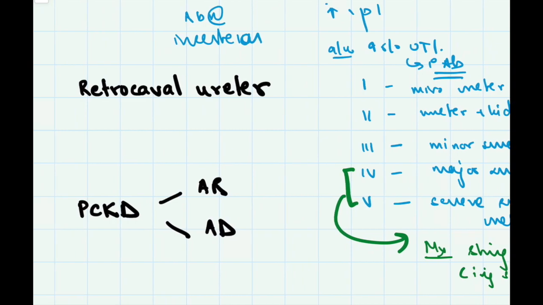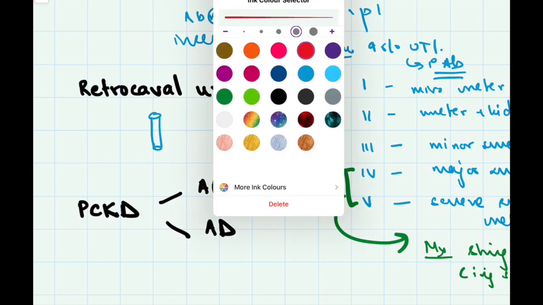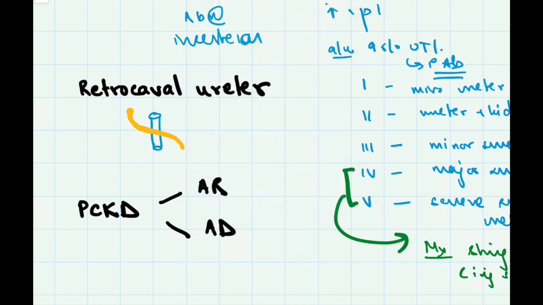Next is a retrocaval ureter. So here what happens is that during the development, normally the IVC is present and the ureter passes in front of it. But due to any abnormal development, if the ureter passes behind the IVC, right, this is called as retrocaval ureter.